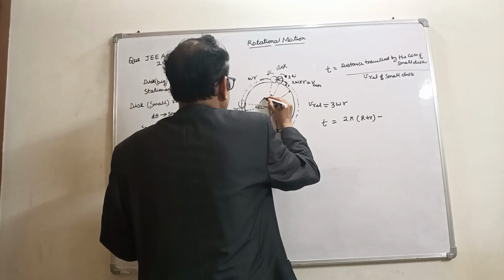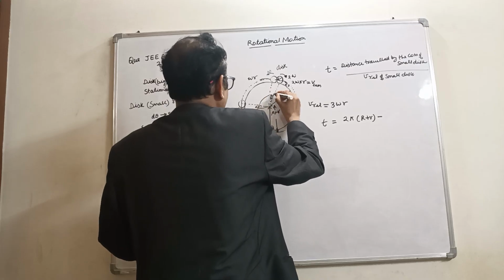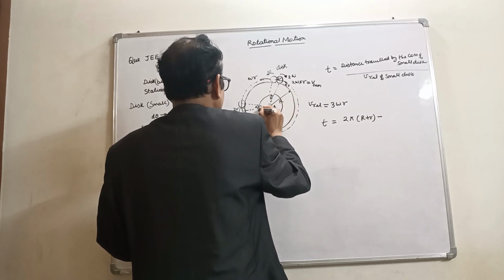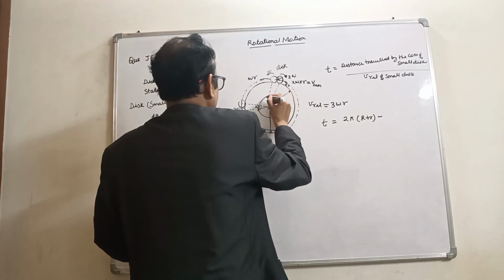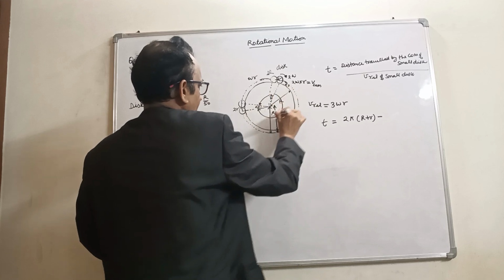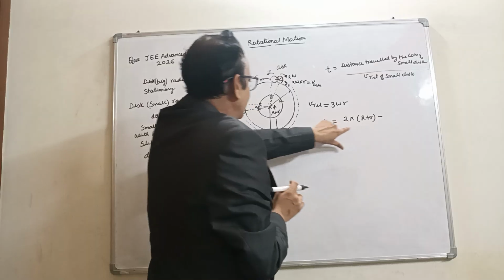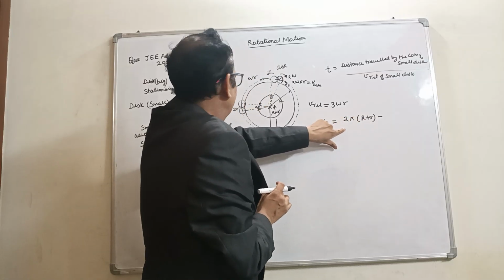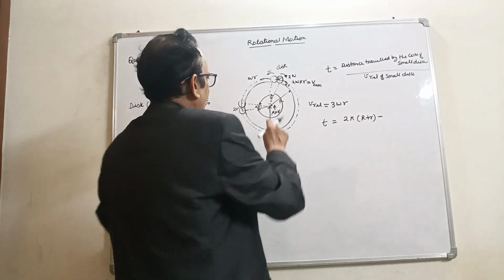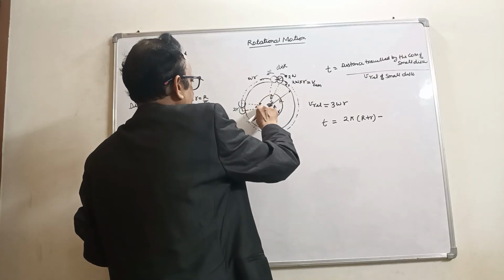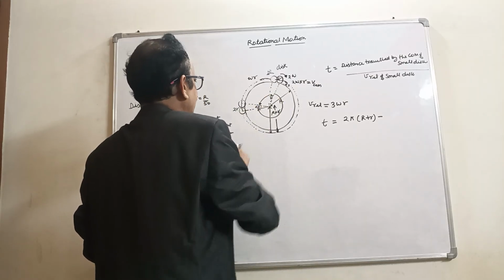This disk traveled only this path, and the other disk traveled only this path, from here to here. So 2 pi (r plus r) is the total distance traveled by the center of mass of the disk, and we have to subtract 2 d theta here.